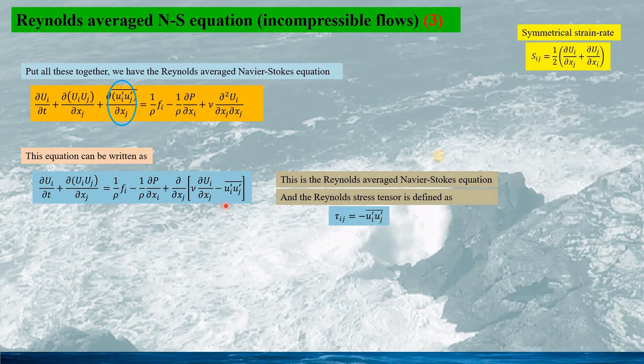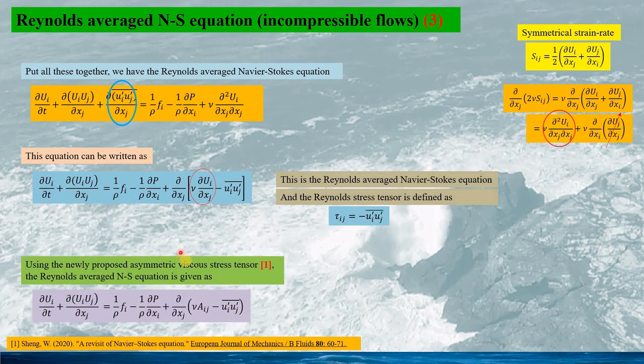This equation can be derived from the conventional symmetric strain rate Sij and the mathematical operation on the viscous stress tensor. We have this expression and this. And for incompressible flow, this term would be 0. Thus, this term would be the same as this term.